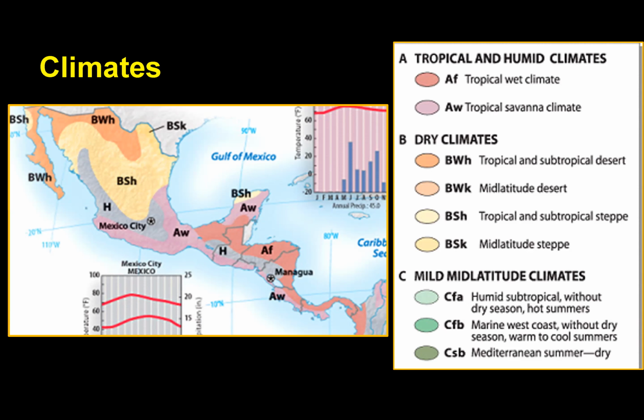But as it moves through the mountains and goes to the other side, we have a rain shadow effect, and that creates a tropical savanna climate. That's the AWs. So it's a pretty simple pattern as we move north and south of the equator, but Central America has a lot of tropical wet climates on the Caribbean side and savanna climates on the rain shadow side.